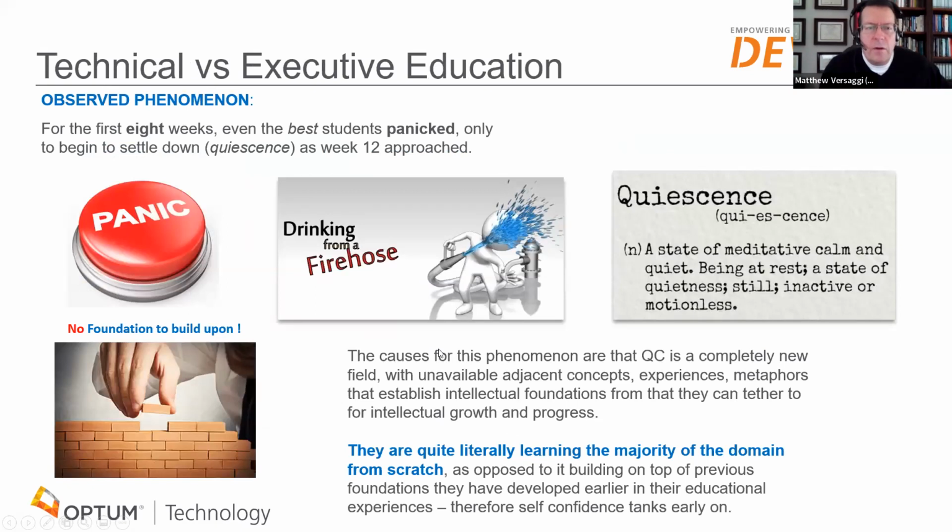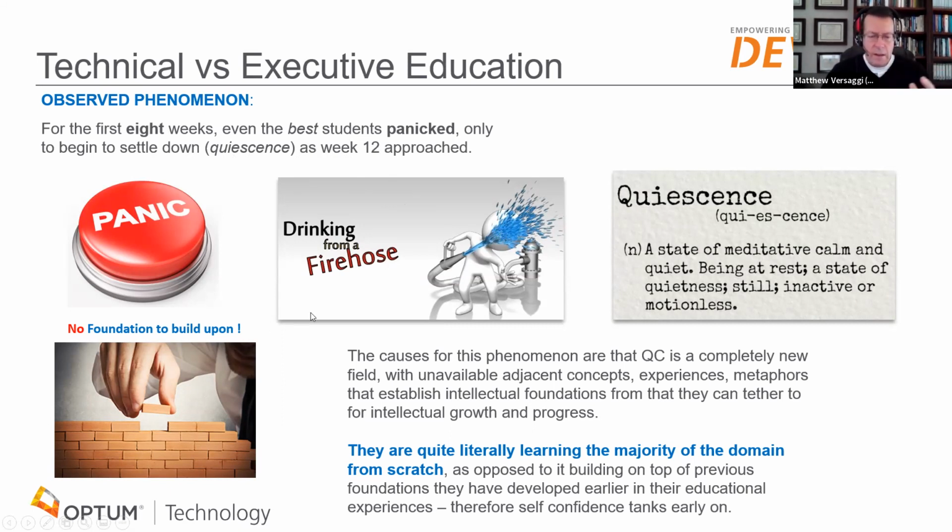The other thing that we've learned from technical education versus education with executives is that, when we educated the technical people on a 9-month program, for the first 8 weeks or so, even the smartest people absolutely panicked. And we had to calm them down so they could get to quiescence and actually start learning. That's because they had no foundation to build upon. It's so new.